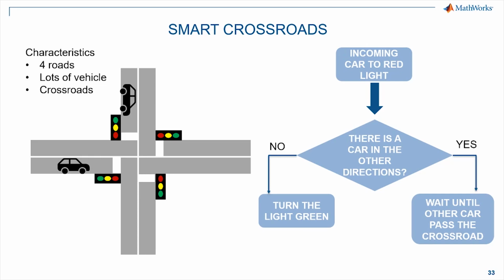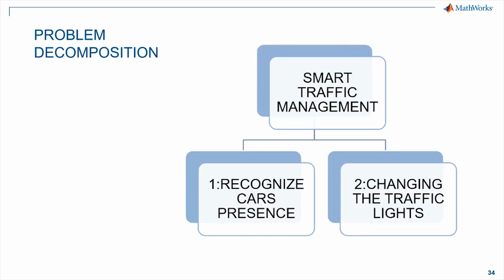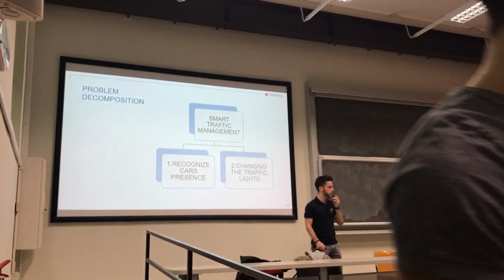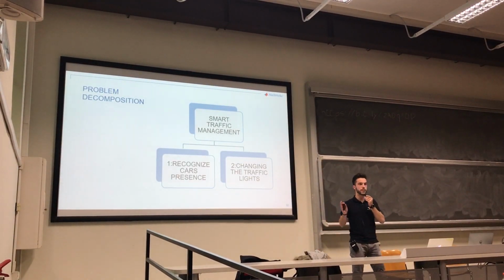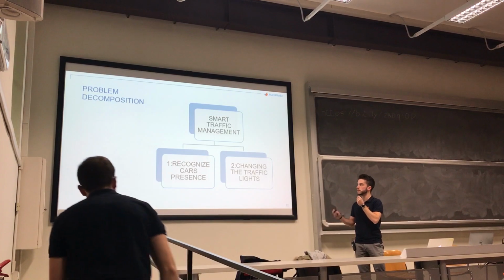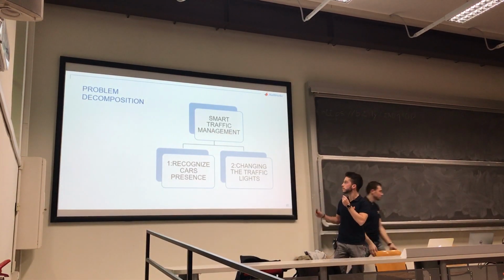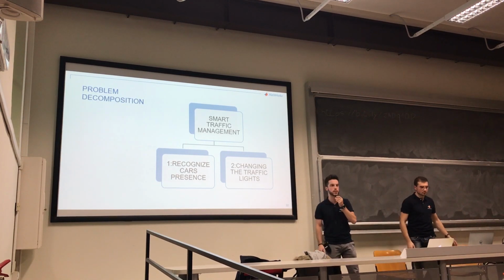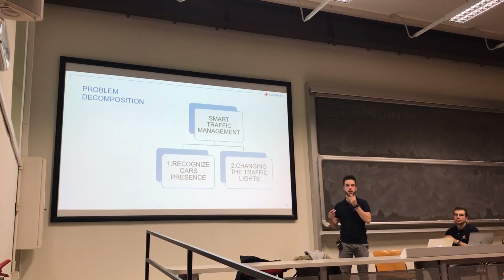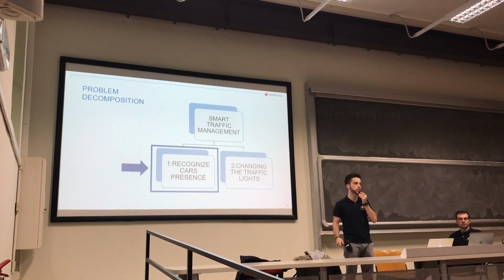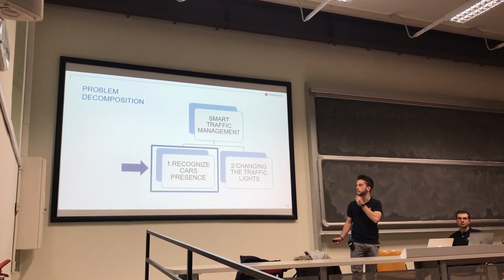And how can we solve this problem? We have divided the problem into 2 parts: the car recognition and actually changing the traffic lights. That, as I said, will be the next seminar topic. So let's focus on this first part.